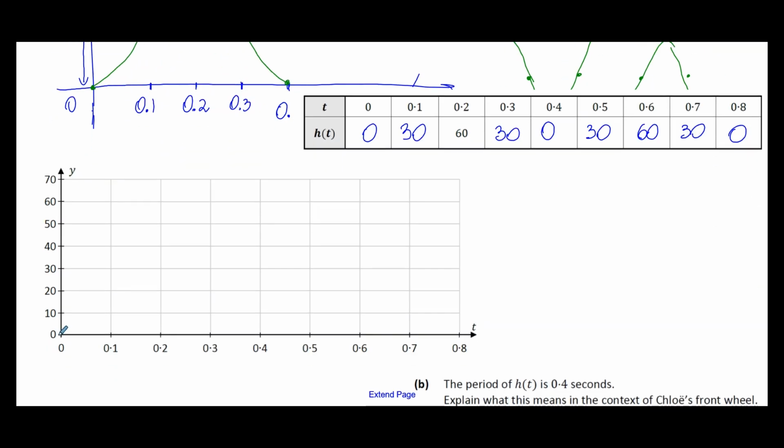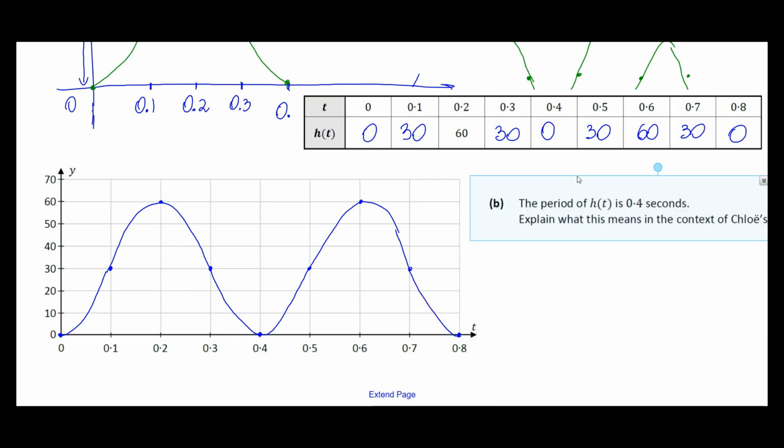And that's what we mark here. So 0 starting, 0.1, that's 30, 0.2, that's 60, then 0.3, 30, 0.4, and again middle, and again top, and middle again, and again the bottom. And then we join the lines to get our graph going. So like I'm saying, knowing how to do that is a great skill when it comes to trigonometric functions.